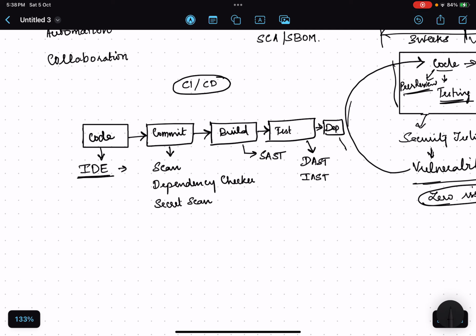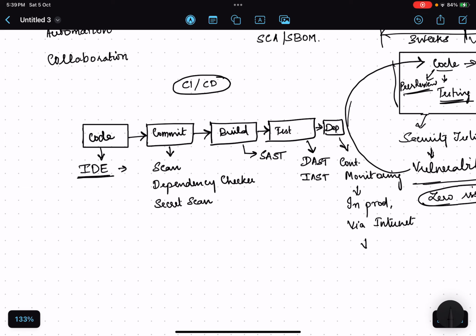And in the deployment environment, we do continuous monitoring. Continuous monitoring will be applicable for applications which are in production and reachable via the internet. In some organizations, depending on the criticality, intranet applications which are not exposed to the internet will also undergo continuous monitoring.